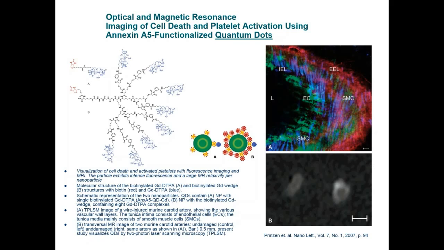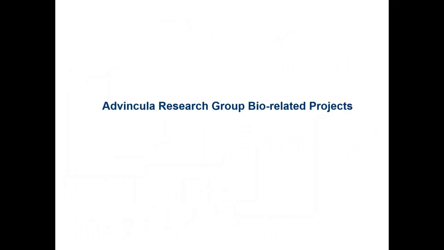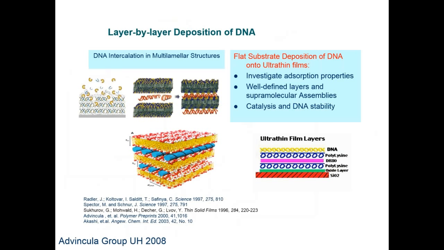So with our remaining time, what I'd like to focus on is simply to give you an overview of the things we have been doing in our group. So for example, we've been interested in the adsorption of DNA, massive adsorption and high density DNA on thin film constructs that may be useful for DNA non-viral drug delivery, or simply for using it as a platform for investigating DNA hybridization or DNA packaging.